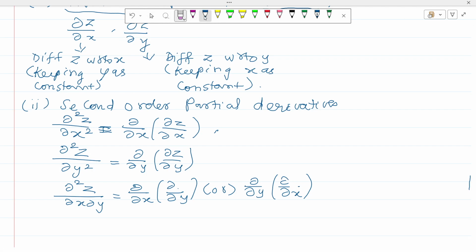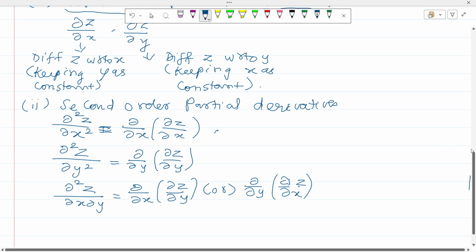Both are the same: either you differentiate dou z by dou y with respect to x or dou z by dou x with respect to y.